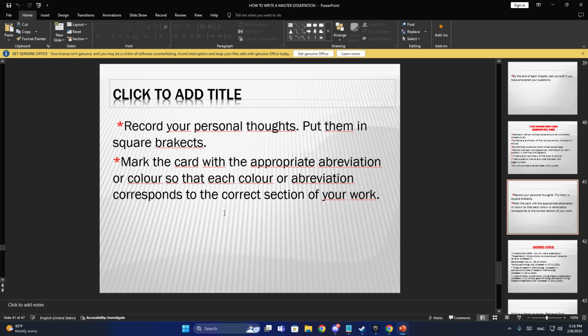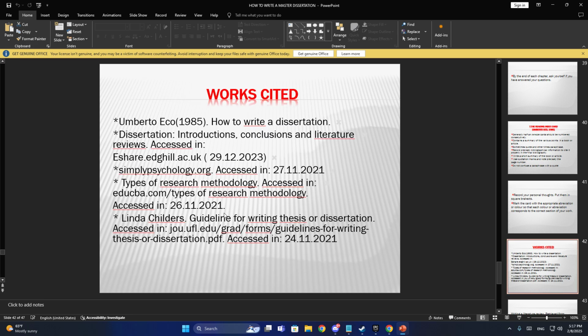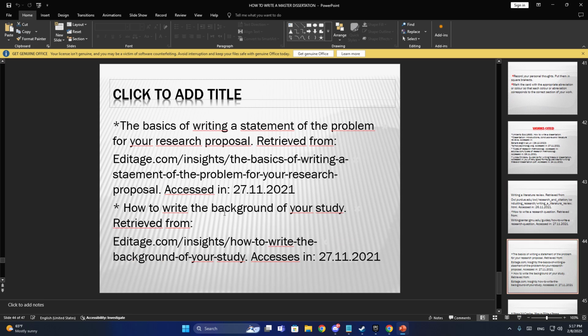For example, yellow card for chapter 1, red card for chapter 2, green card for chapter 3. So whenever I read information from the resources that relates to chapter 1, I take the yellow card directly, and I mark down my notes, my quotations, and my abbreviations.